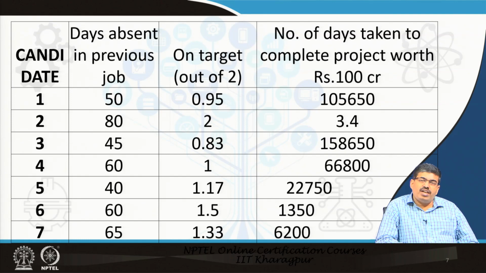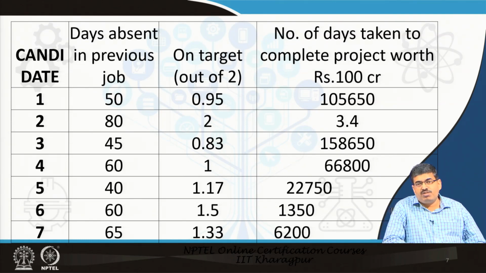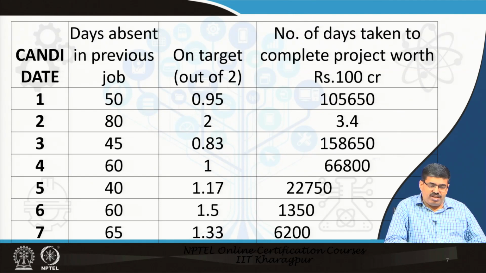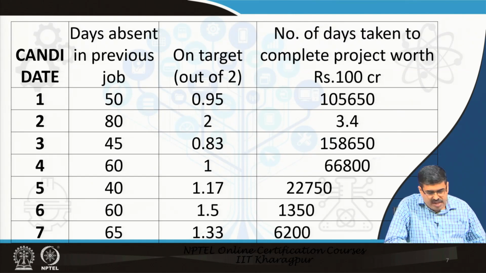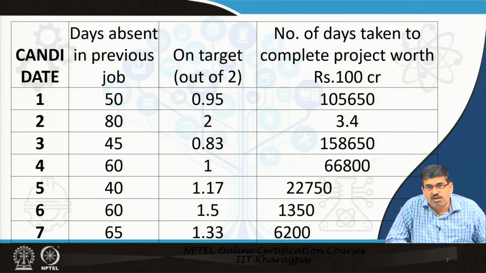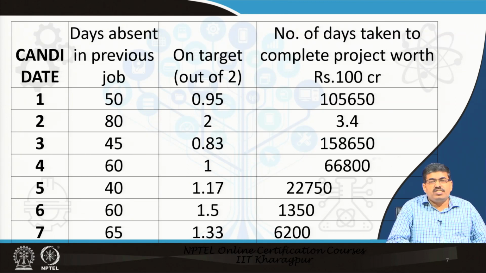On target, what is your objective? Your objective is to maximize, because you want on target. Number of days taken to complete project worth rupees 100 crore: again, what is your objective?